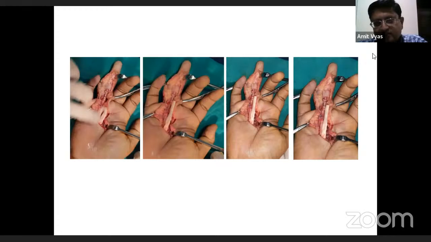So I tried this method, passing the flexor tendon through the pulley sheath. Although I vented the A4 pulley distally, only the proximal part of the A4 pulley was intact. And then end-to-end repair was done.